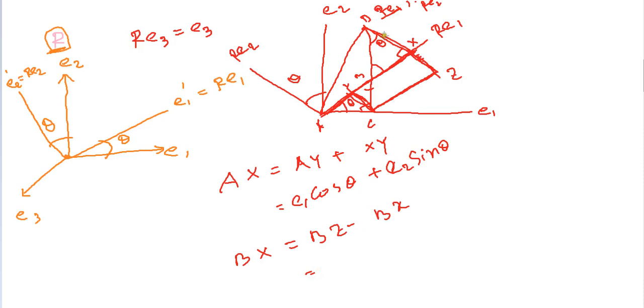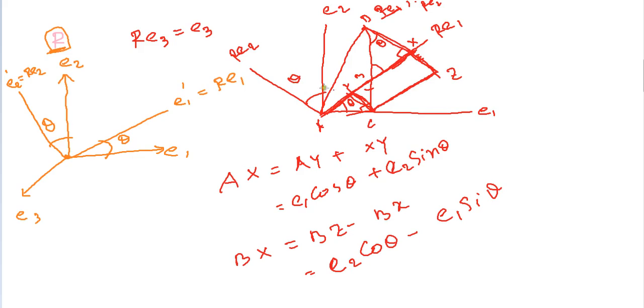Bx is nothing because you have theta, so we can write down e2 cos theta minus, because you have minus, so what is the bx? So this amount of bx, right? So bx is nothing but e1 sin theta, e1 here, and this amount and this amount are the same, right? So we can write down e1 sin theta.